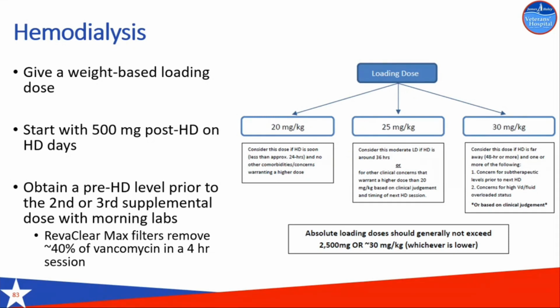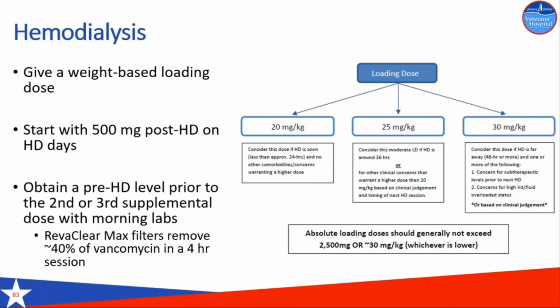And then, we're not getting peaks and troughs in these patients, but we will get a pre-HD level typically before the 2nd or 3rd supplemental dose. And I do this with morning labs, especially if the patient is anuric, because if you're getting it at 1 a.m. versus 8 a.m., if they're not making urine, the level should be about the same.